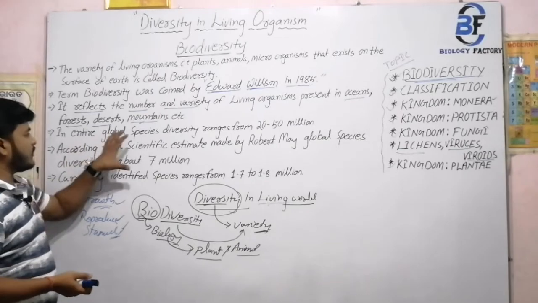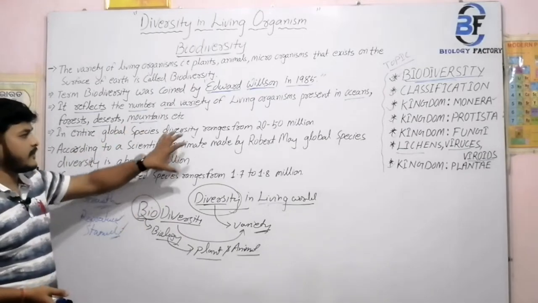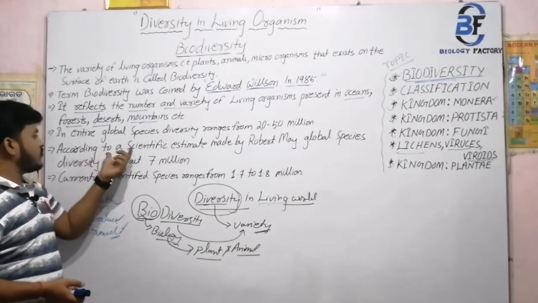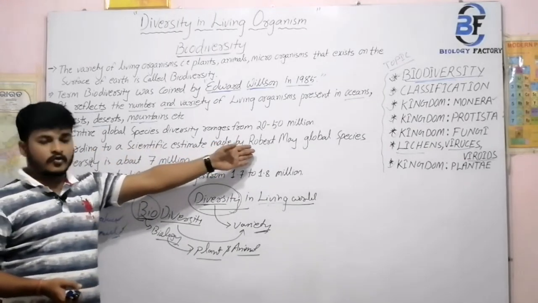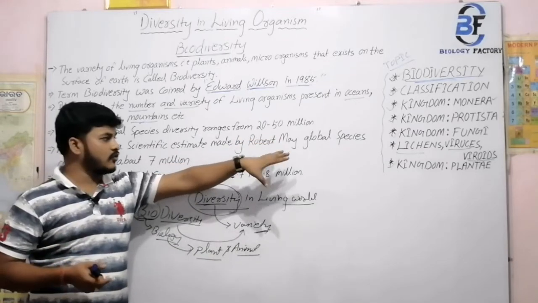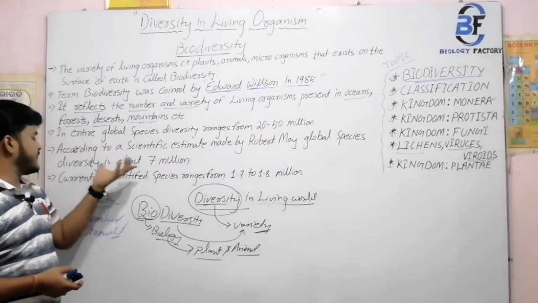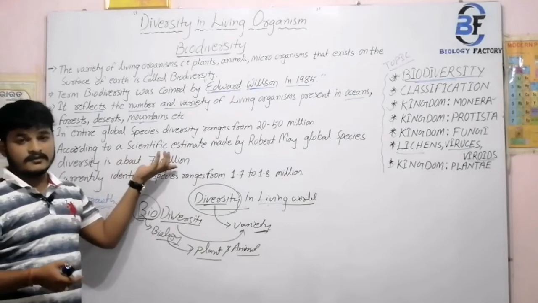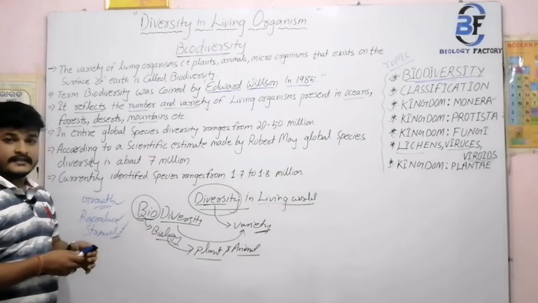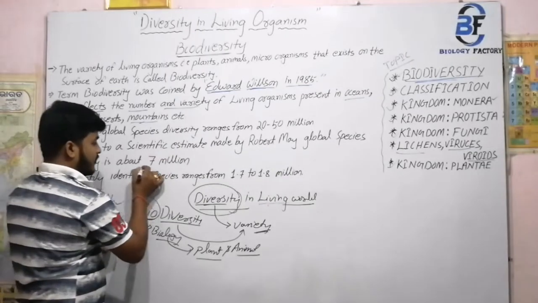The entire global species diversity ranges from 20 to 50 million, and according to a scientist named Robert May, based on his research, there are about 7 million species in the world. He studied all these things statistically and said there are 7 million species which exist on the earth.